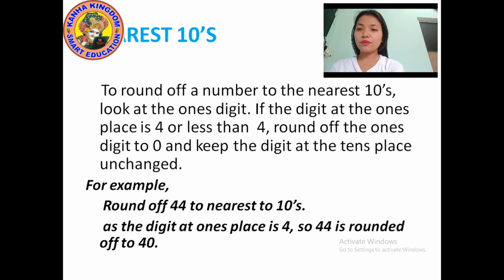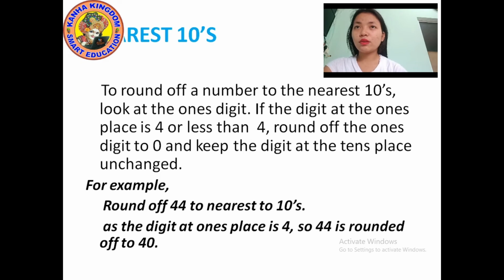There are two types of rounding of numbers. The first one is rounding of numbers to the nearest 10. To round off a number to the nearest 10, look at the ones digit. First you have to look at the ones digit if you want to round the numbers to the nearest tens.